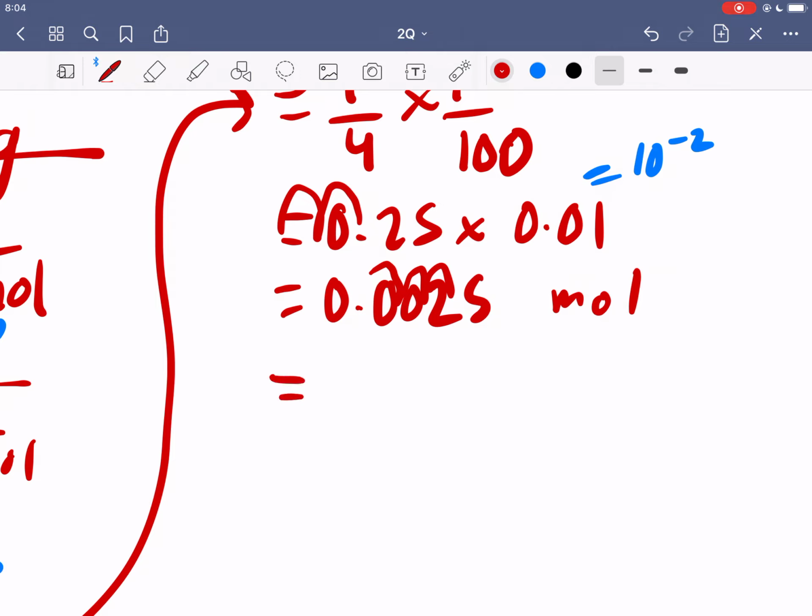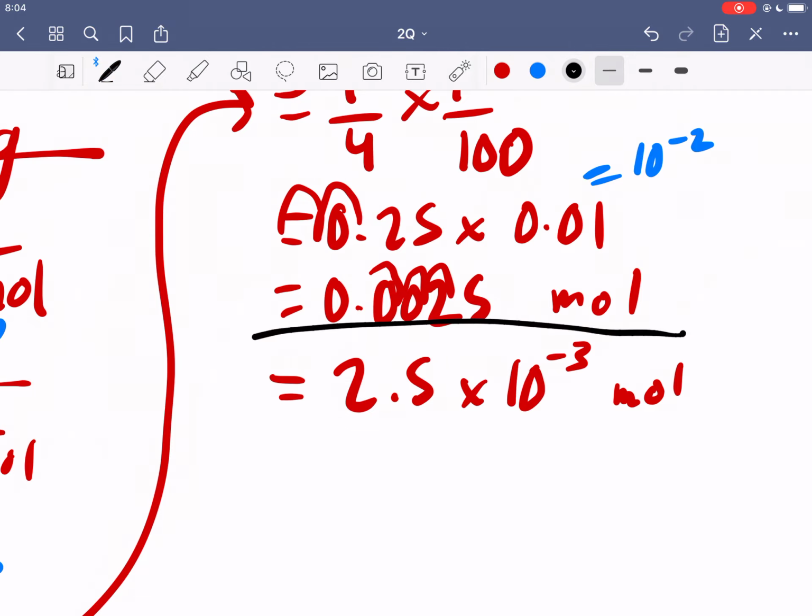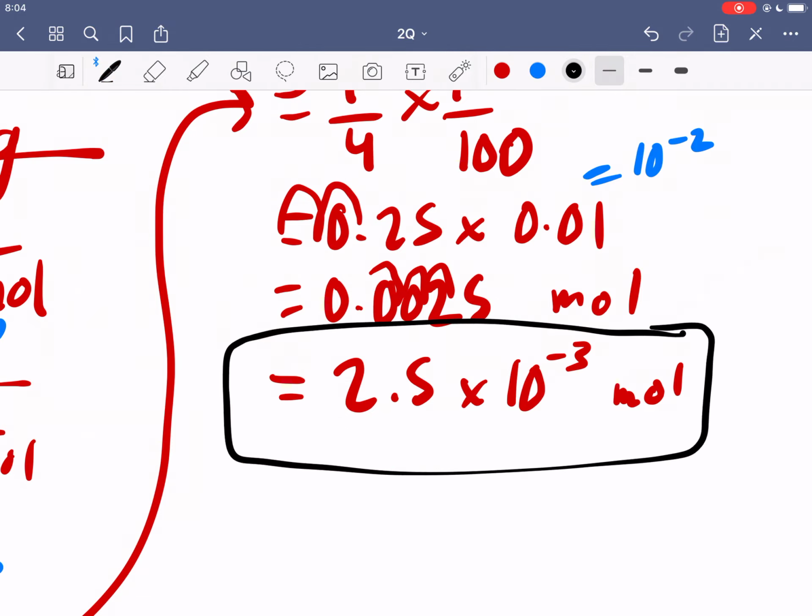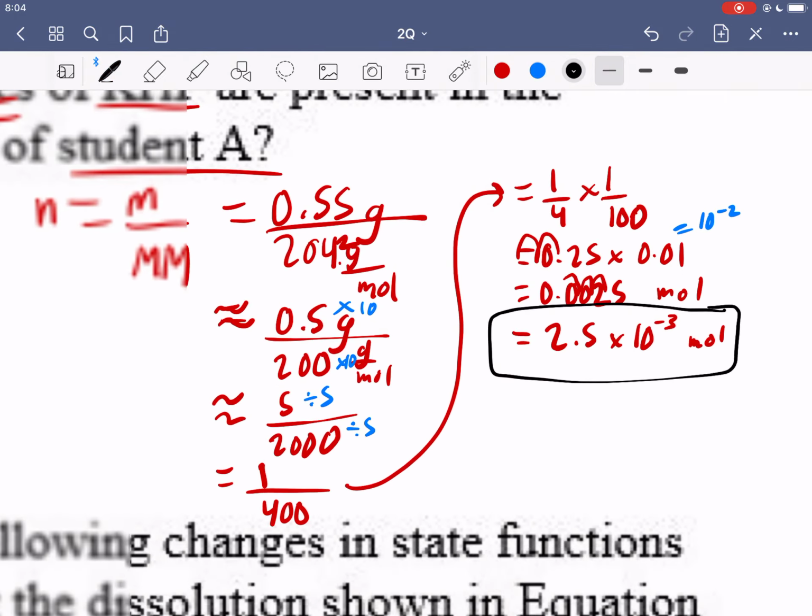So I moved it forward 3 times. That means that this is equal to 2.5 times 10 to the negative 3, because really it should be 3 places backwards. That's where the decimal should be. Moles. That is now my final answer, okay? 2.5 times 10 to the negative 3 moles.